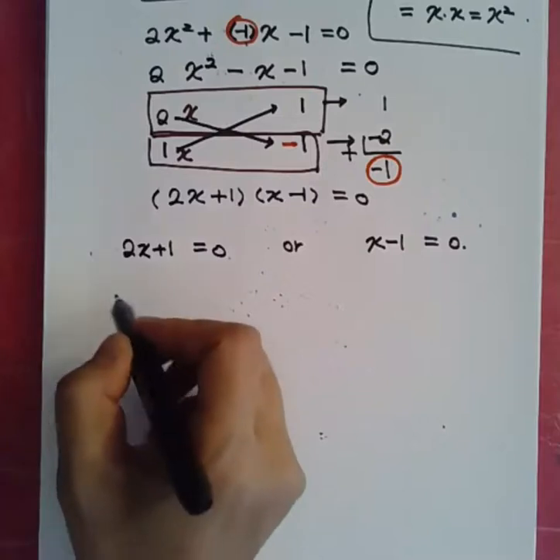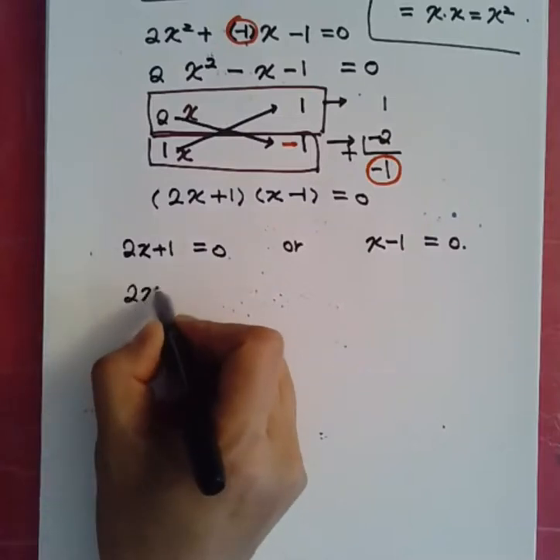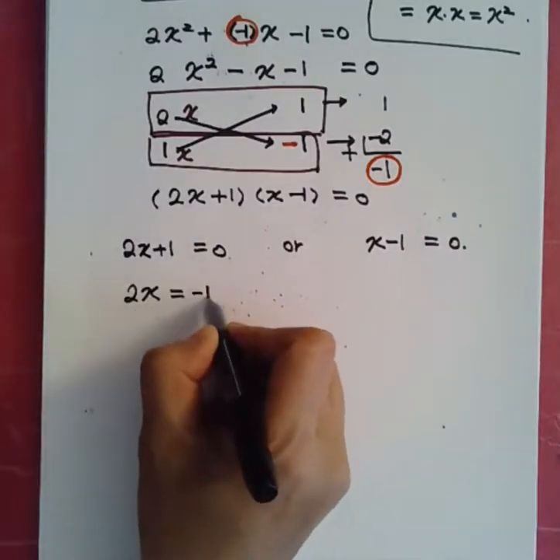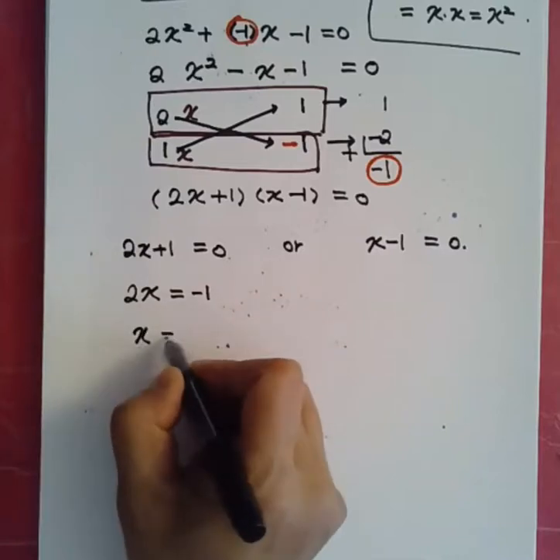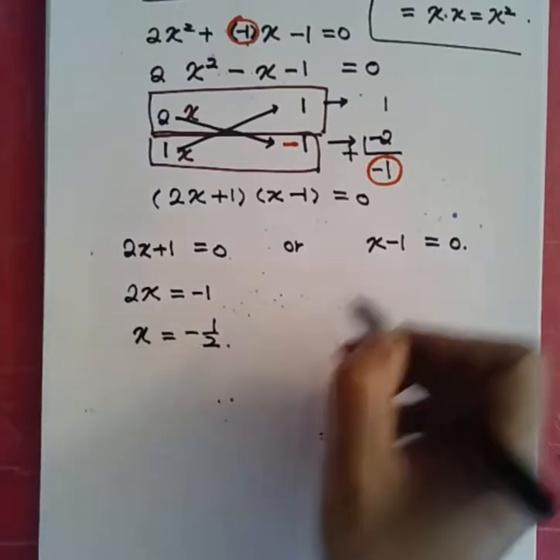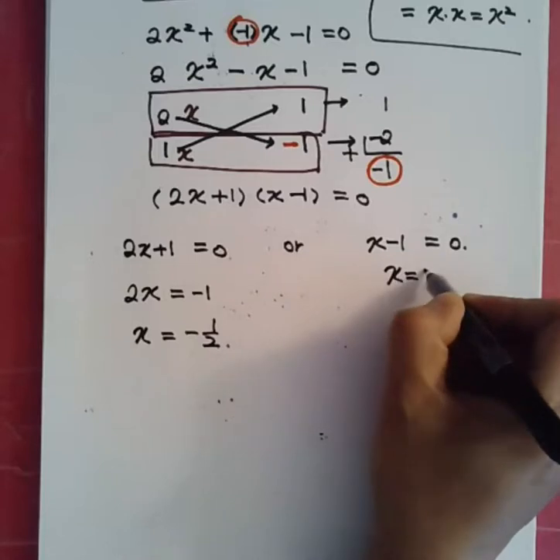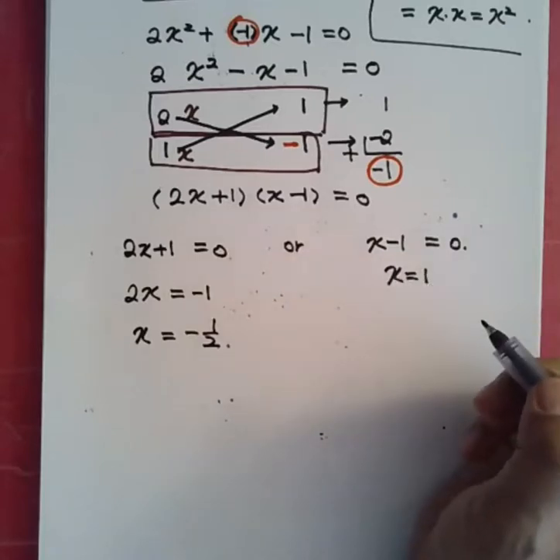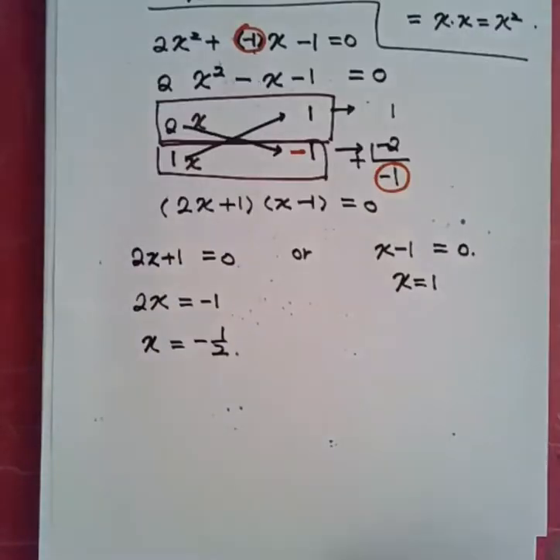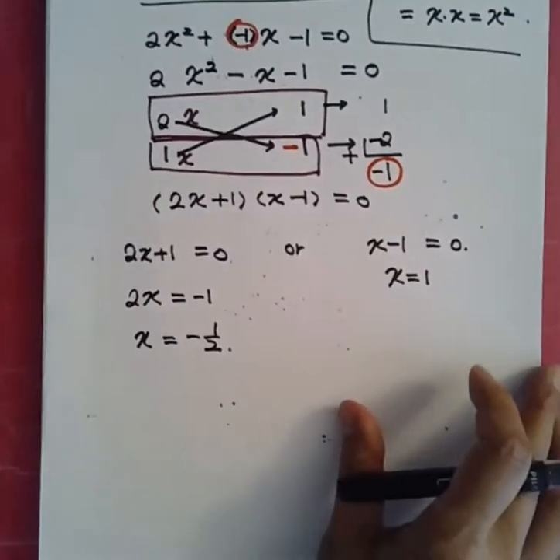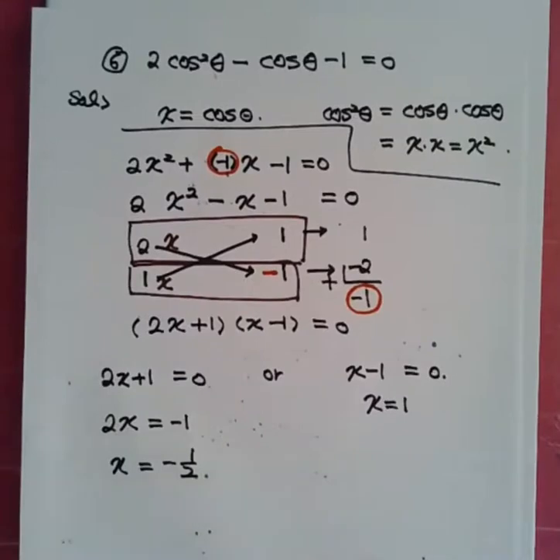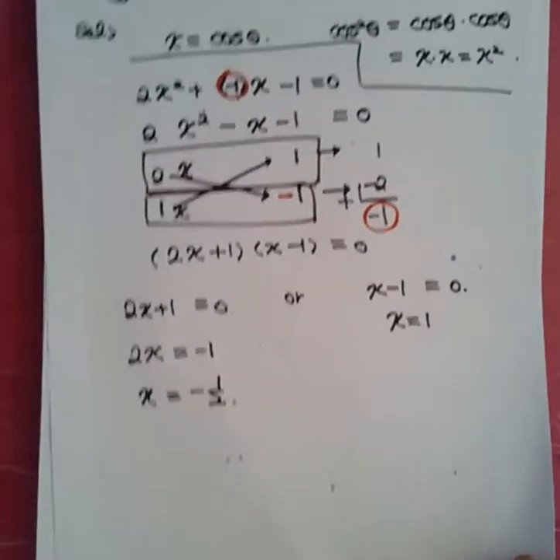We solve for x, then we have 2x equals minus 1. So x equals minus 1/2. For this one, x equals 1. However, we were thinking about the equation of cosine. X was cosine.